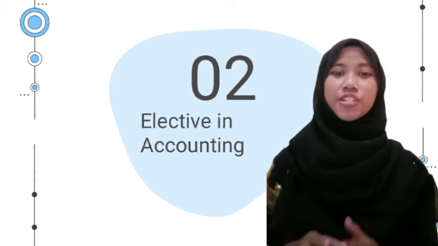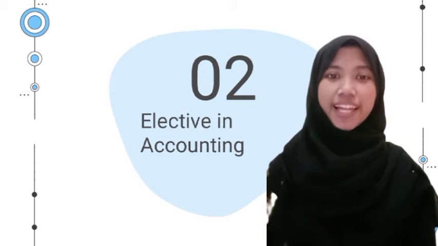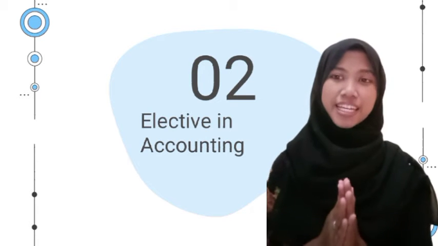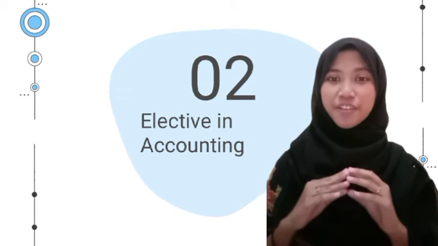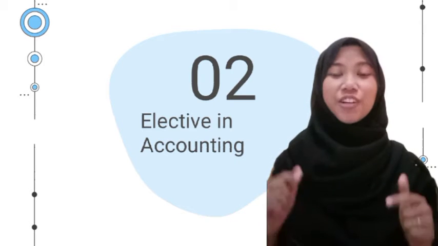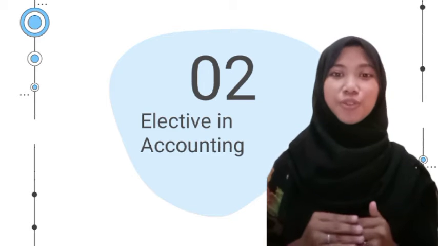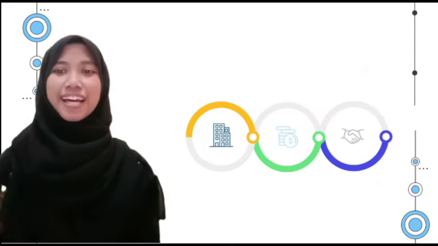Next, we will talk about the second material, elective in accounting. As I said before, in the implementation of accounting there are many differences in the process. This condition increases the demand for standards and rules for disclosure in accounting.